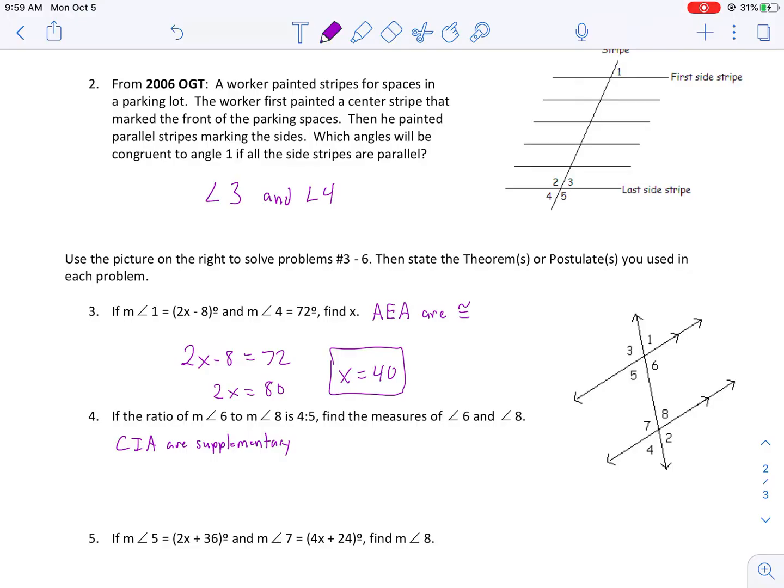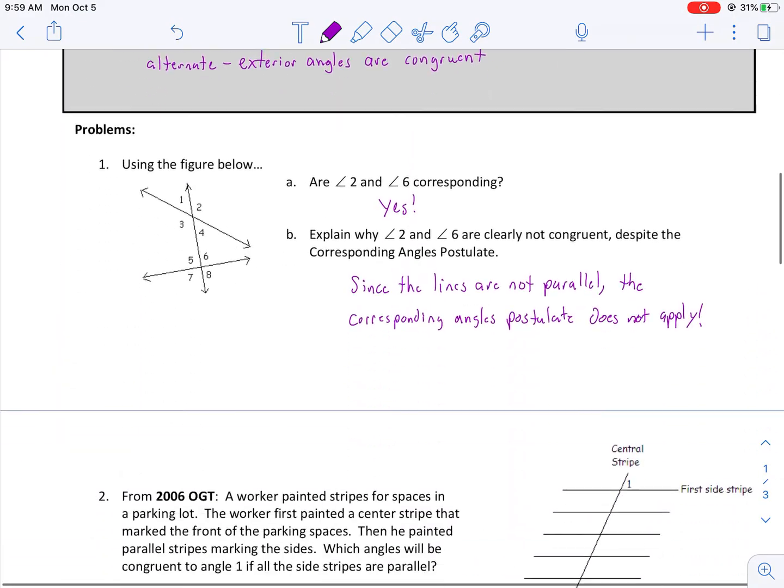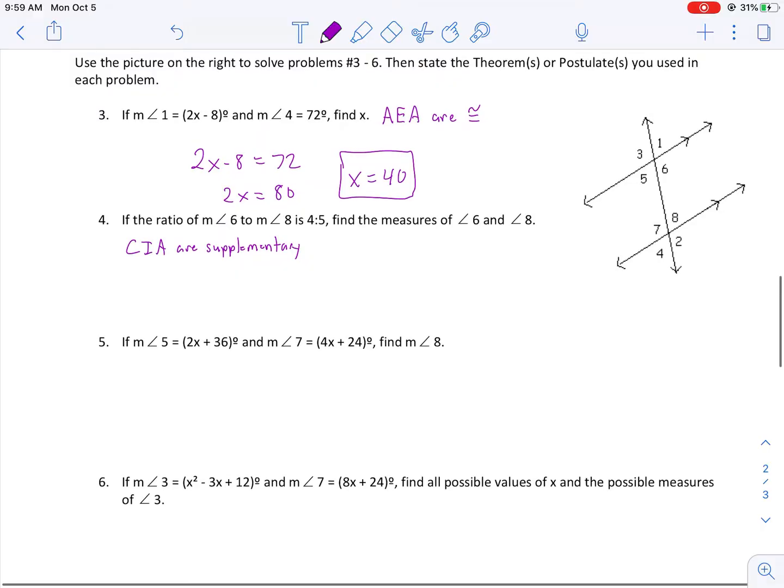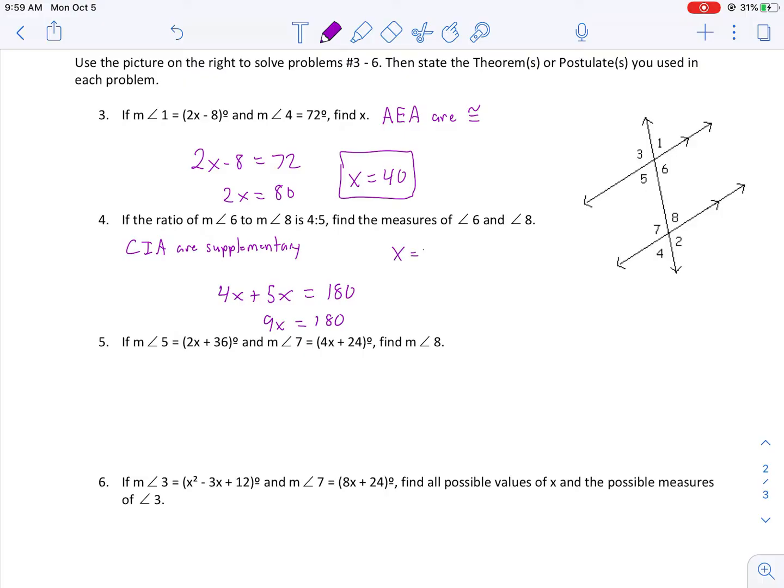Okay, it's going to be hard to remember all these different things, like the wording, so just have it ready and keep looking back and forth. So we know that these are supplementary, and if the ratio is 4 to 5, that means 4x plus 5x will equal 180. That gives us 9x equals 180, which means x equals 20.